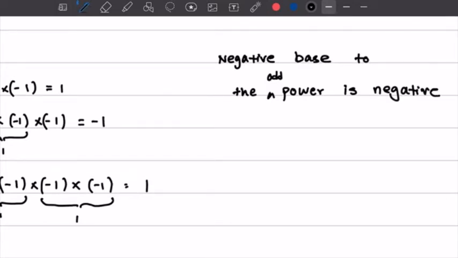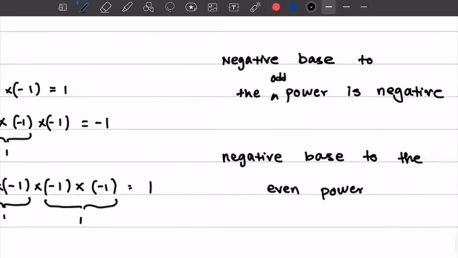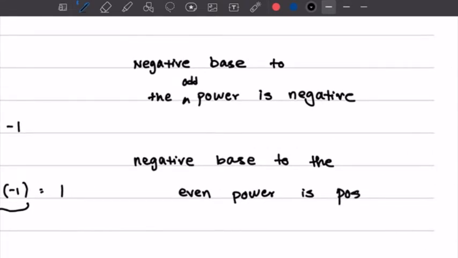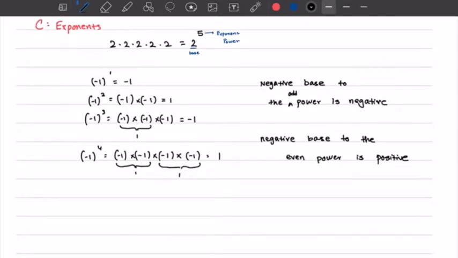And the same goes for positive: a negative base to the even power, so an even number, for example 2 and 4, is positive. This is a handy trick that may come in useful at times, but it's just important to know that there is a pattern actually in place.